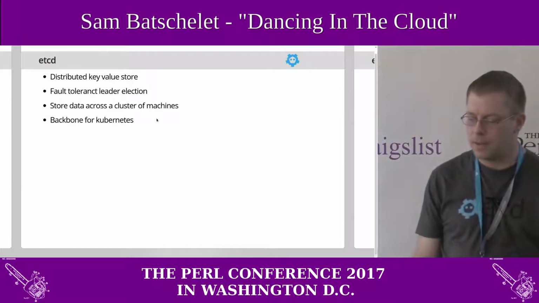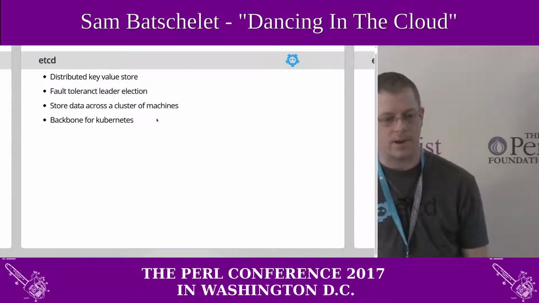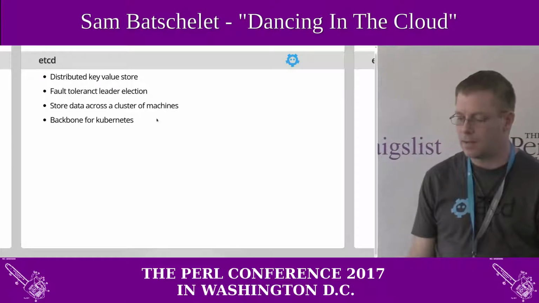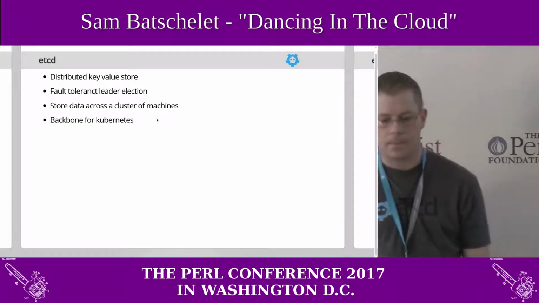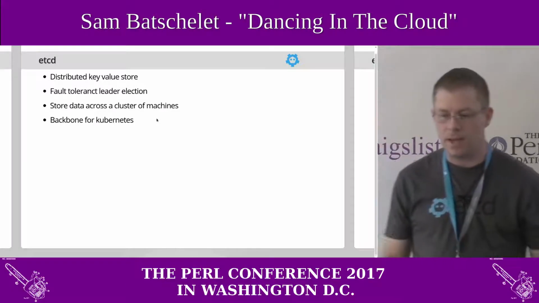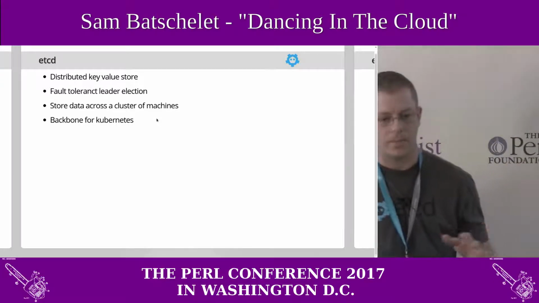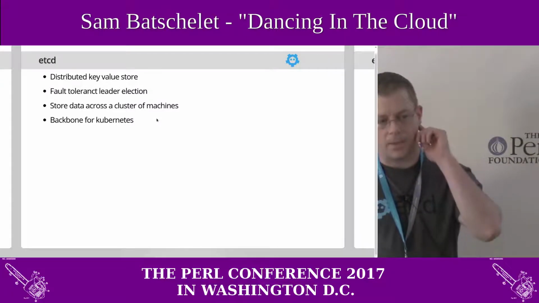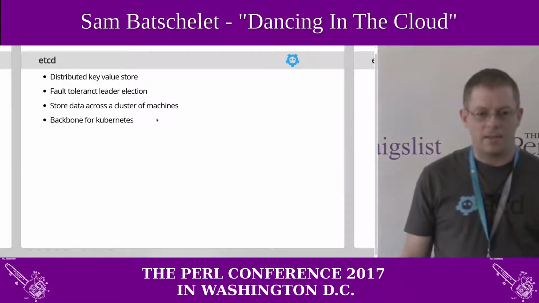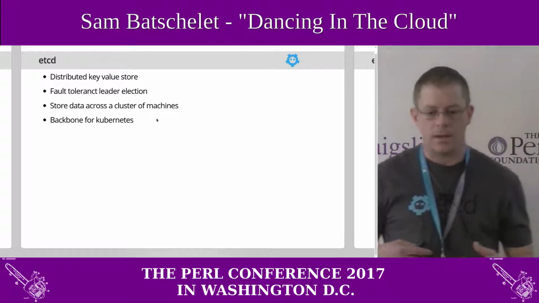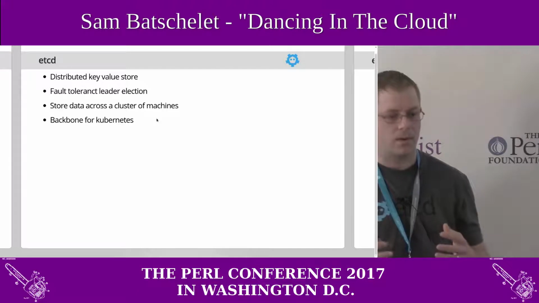It's the foundation for data storage for Kubernetes. It's a fault-tolerant data store. It would be deployed in a multi-node setup, and because of a technology called Raft, it has the ability to reassign leaders if one of the nodes goes down.